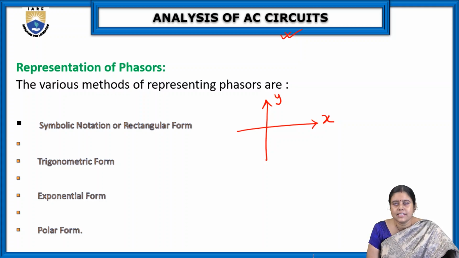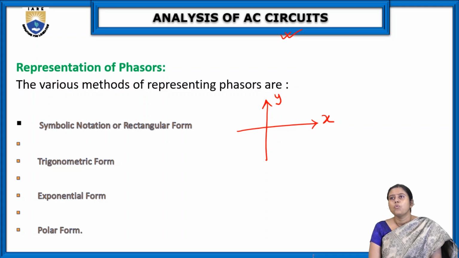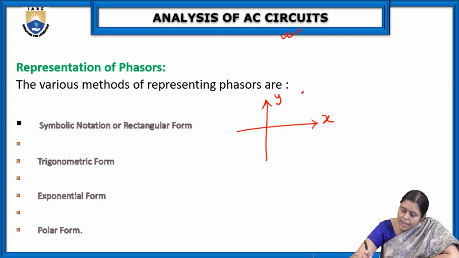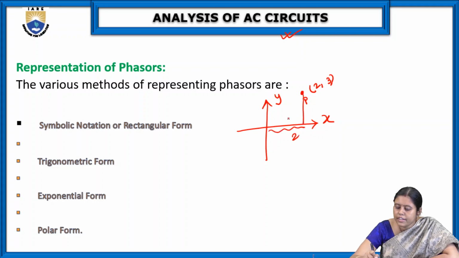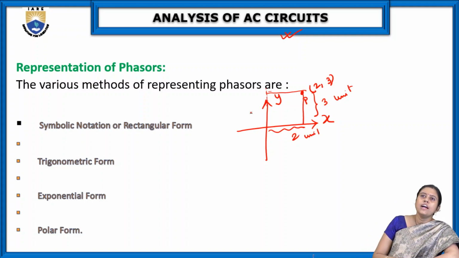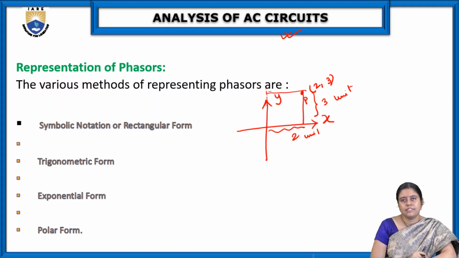One is the x-axis, one is the y-axis. We can give a point P (2, 3). In the x-axis it goes 2 units, and in the y-axis it goes 3 units, so it creates a rectangle. This is called the rectangular form.